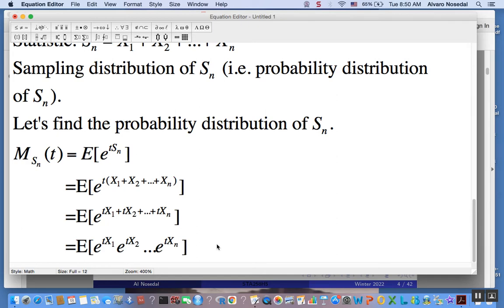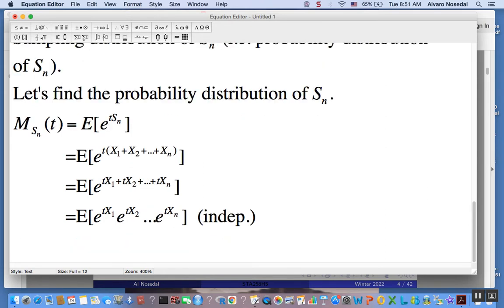Since we have a random sample, when we say random sample, what we mean is that they are independent. So by independence, the expected value of a product of independent random variables equals the product of expected values.